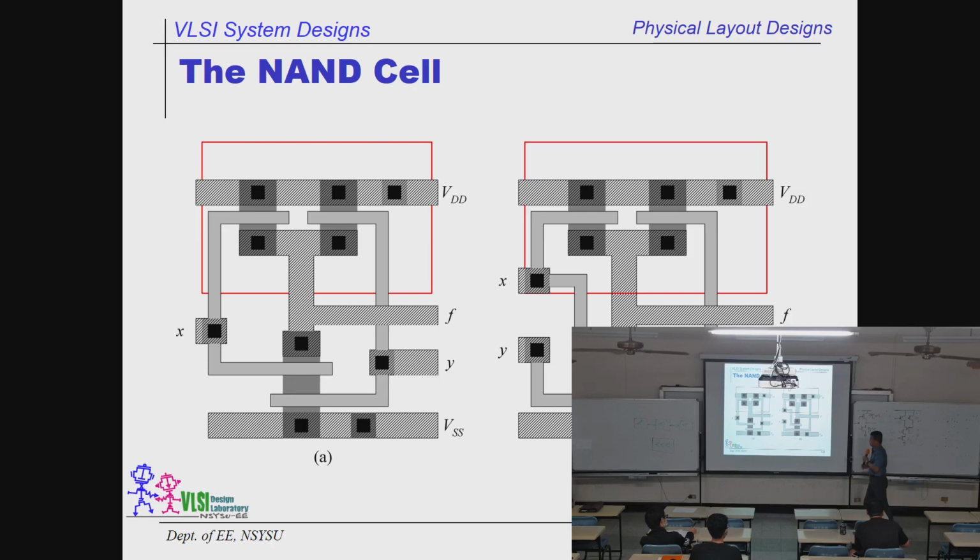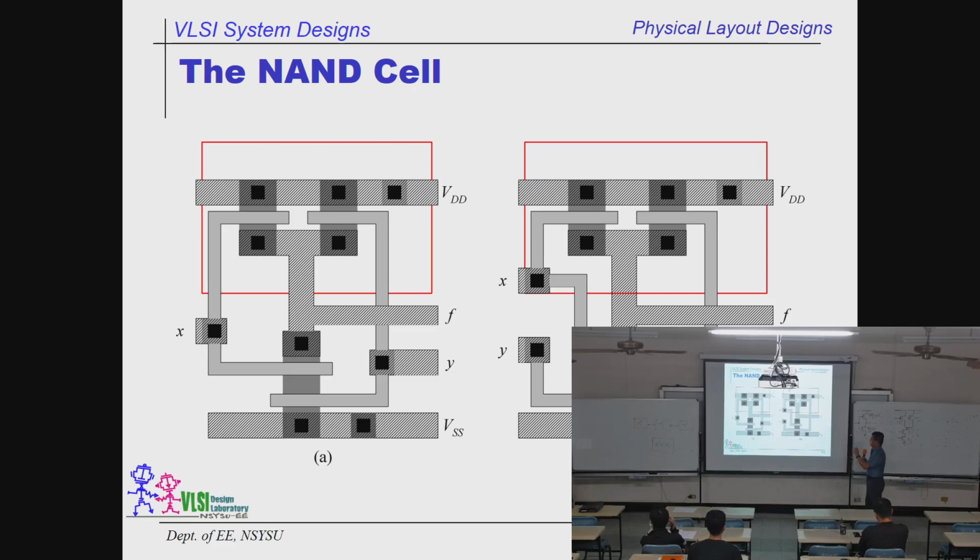See that? It's wider on the top, but right now we have to double the width of the MOS transistor in the bottom, so that after we cascade it together, we are going to have the same sinking capability.